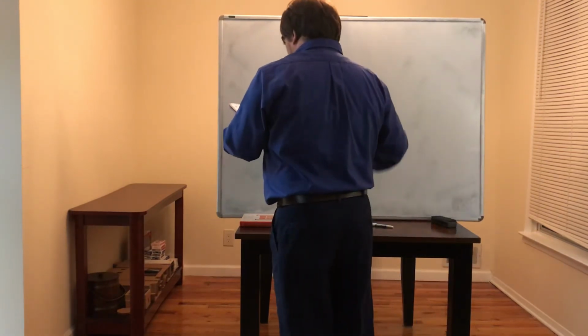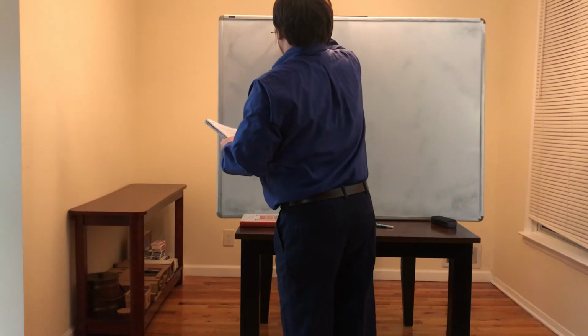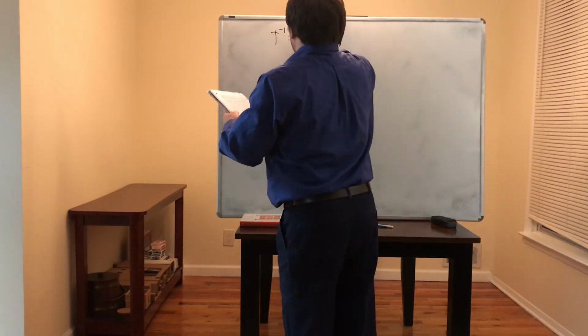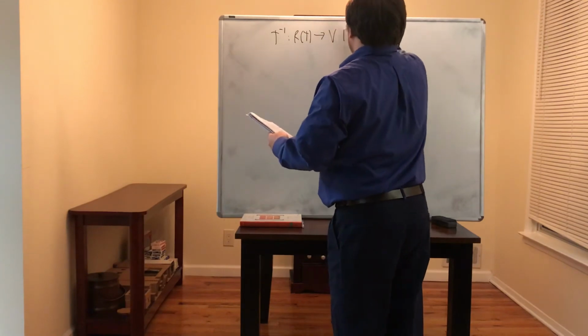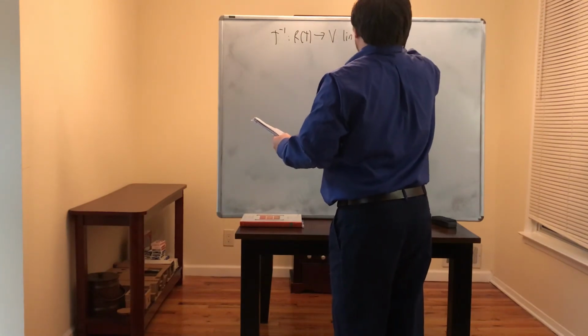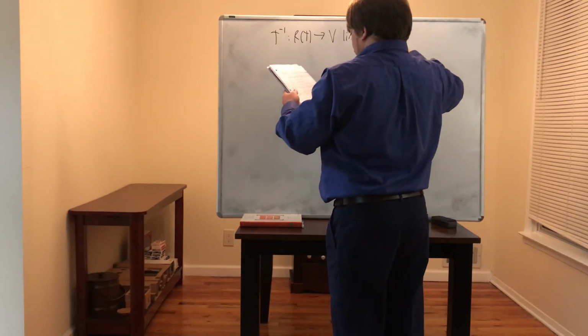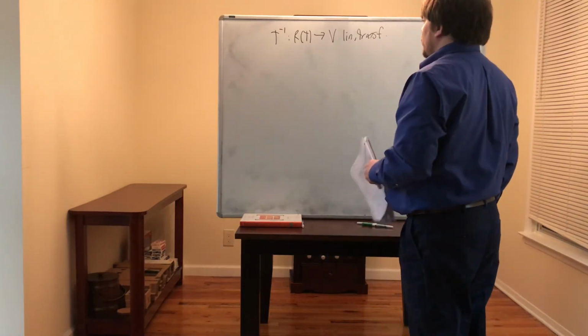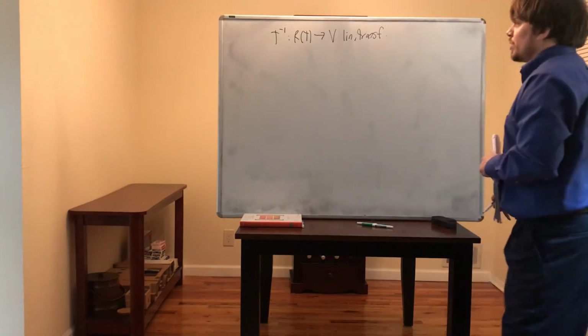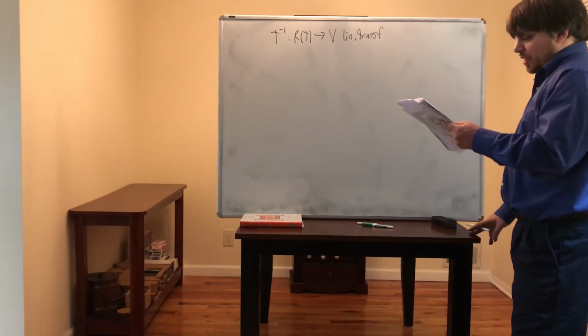So we have T inverse, from the range of T to V. T inverse from the range of T to V is a linear transformation, okay?